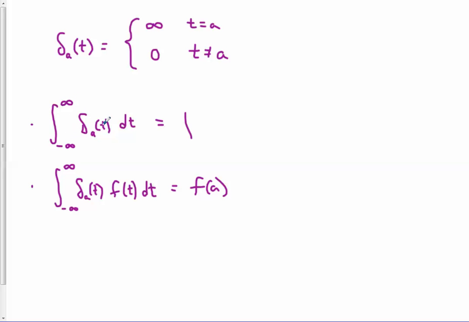If you integrate just the delta function from whatever to whatever, it doesn't matter, you get 1. And if you integrate the delta function times any other function, you get that function evaluated at a. You get f of a. That really summarizes everything you need to know about this weird, quote, function, unquote. Remember, it's not really a function, but for all intents and purposes for us, it can act like one, and we just have to know these two properties to work with it.